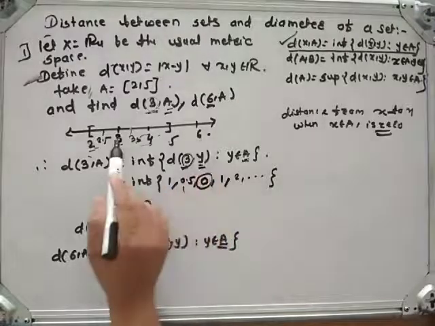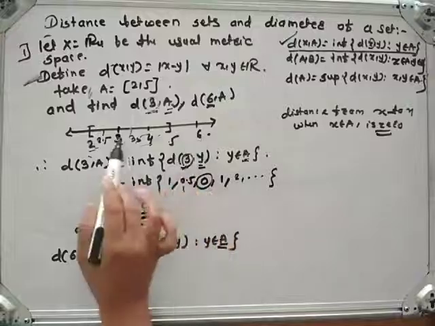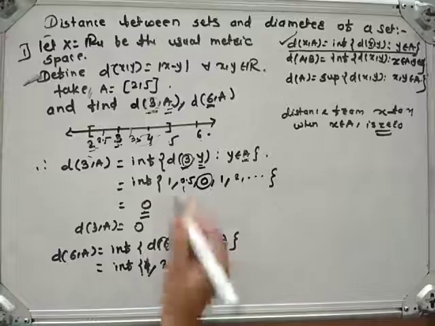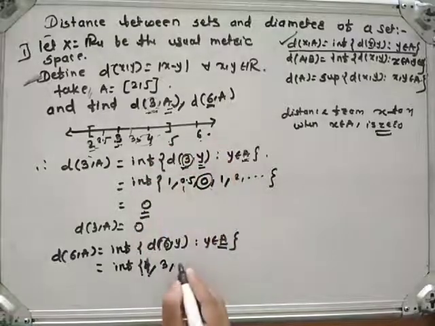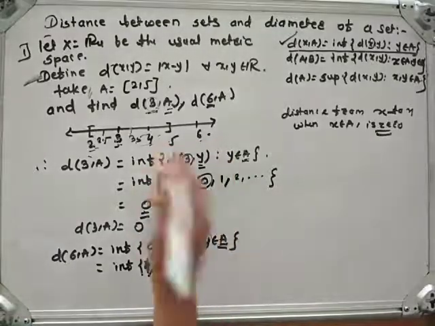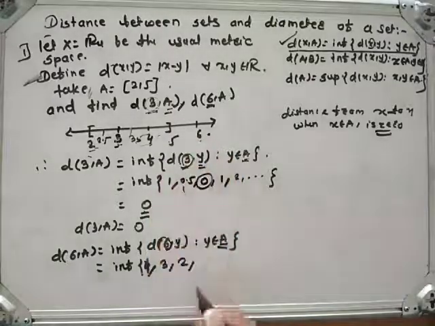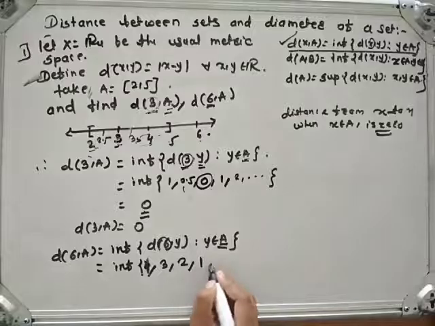Then the distance of 6 from 3 is 3. The distance of 6 from 4 is 2. The distance of 6 from 5 is 1.